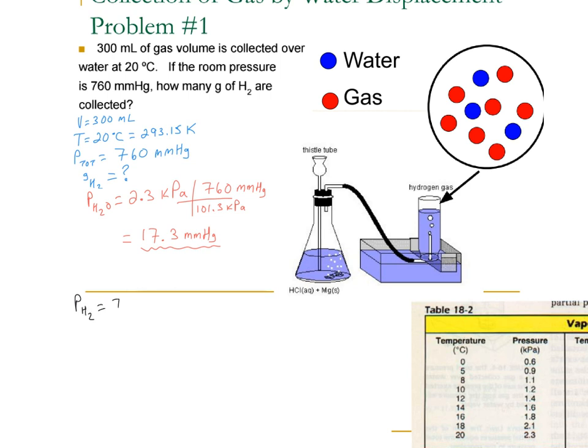The partial pressure of the hydrogen equals the 760, which was the total pressure of the gases, or all the collisions, and I'm going to subtract off the collisions from the water, which is 17.3, the partial pressure of the water. And so I get a partial pressure of hydrogen, let's see, 742.7 millimeters of mercury.